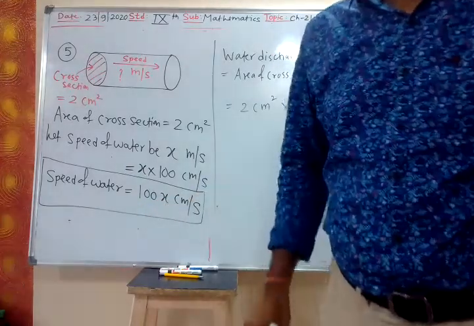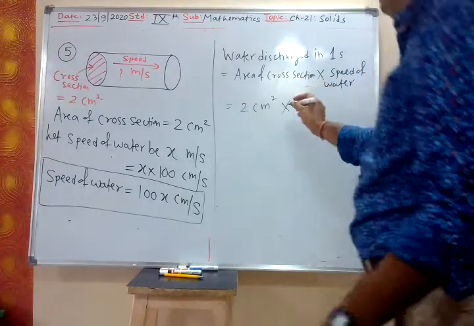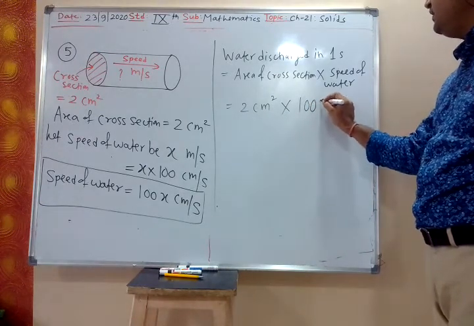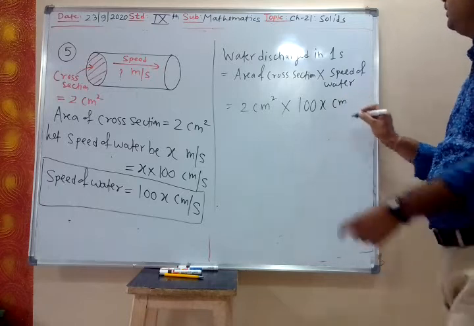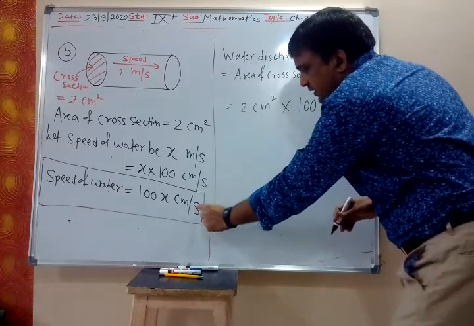Board is blurred. It is clear, right? Yes. Now it is clear. 2 centimeter square into 100x centimeter. When we write 1 second, then this second we don't write.